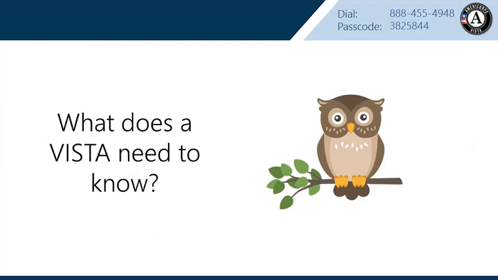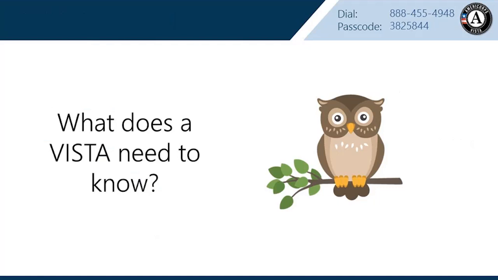So that first question was, what does a VISTA need to know? And that's really the best place to start when planning your OSAT. OSAT's more than likely the VISTA's first introduction to your organization and their assignment, so you want to make sure that what you cover in OSAT is enough for them to hit the ground running, as Jessica just mentioned. Information, as always, is power.